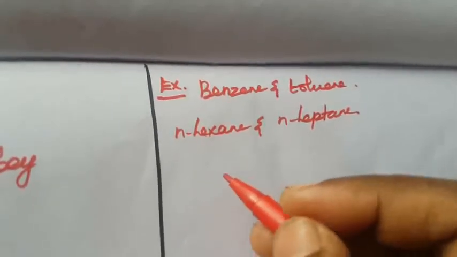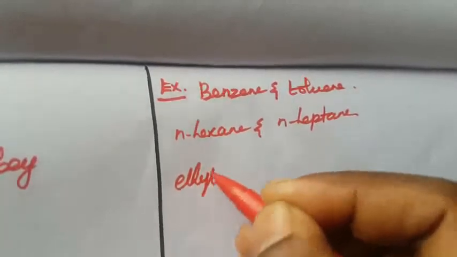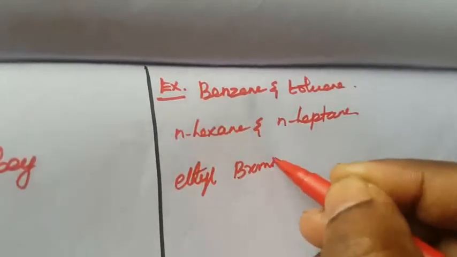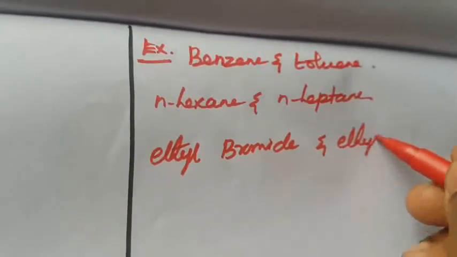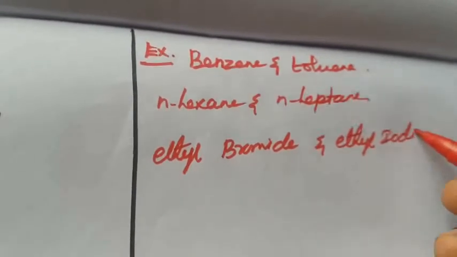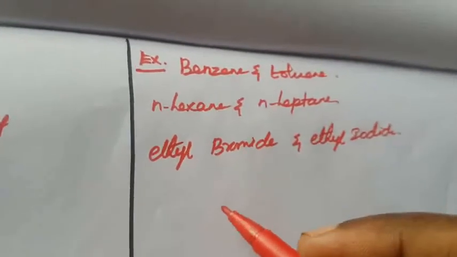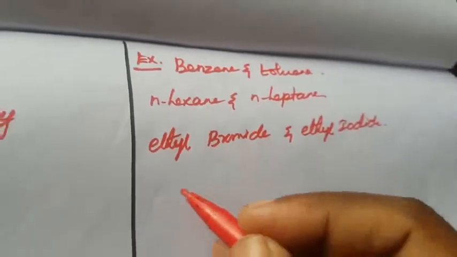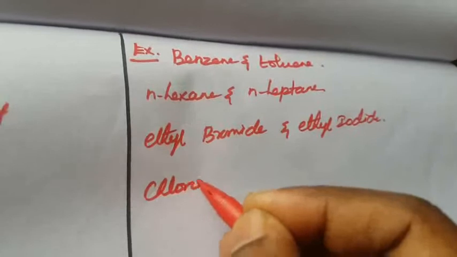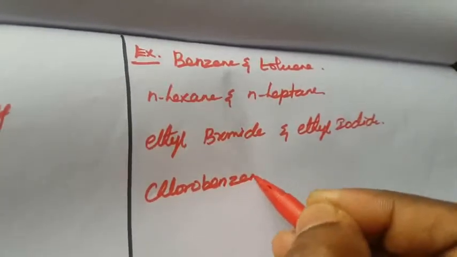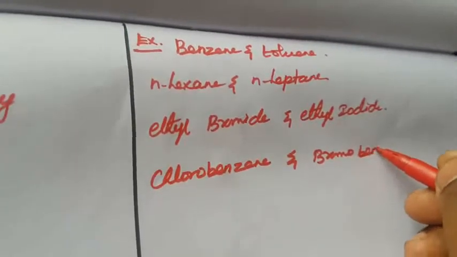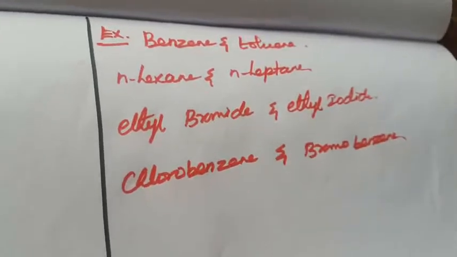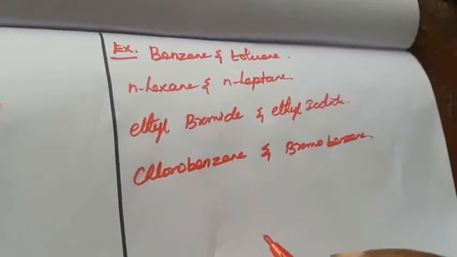Then ethyl bromide and ethyl iodide. Then chlorobenzene and bromobenzene. So these are all examples of ideal solutions.